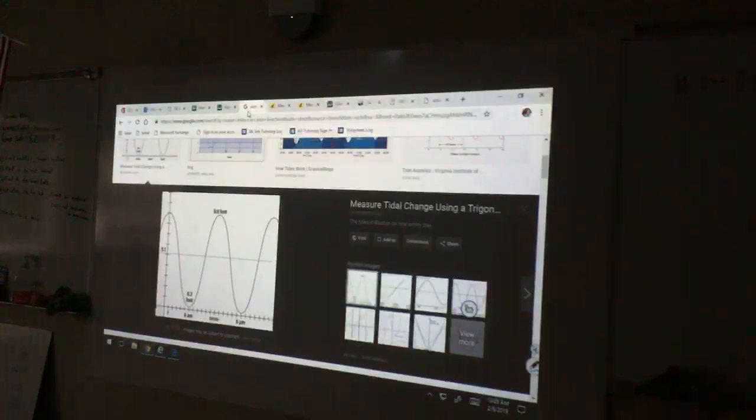What do you think happened to this graph? So on the bottom, look at the axis. What kind of unit is on the bottom? Time. And what kind of unit is on the y-axis? Feet. So what happened at 6 o'clock?